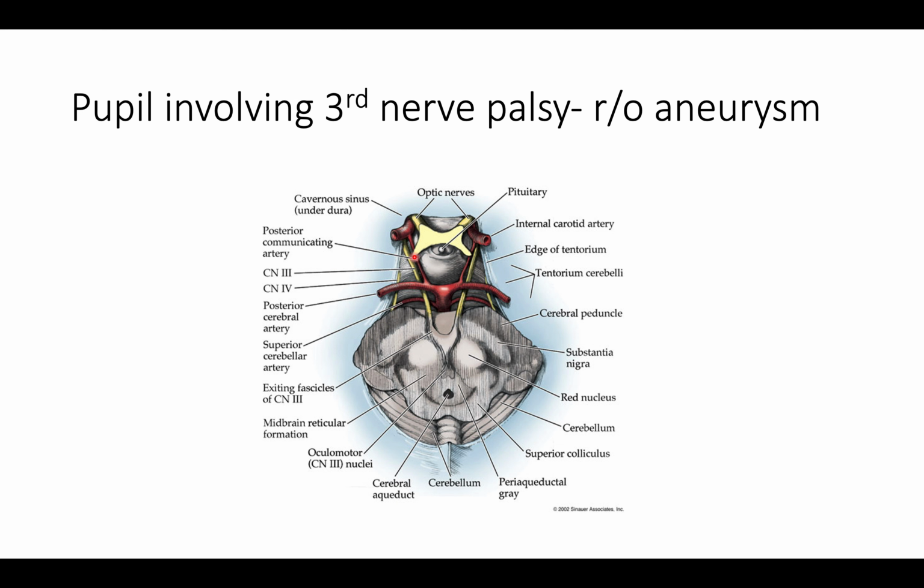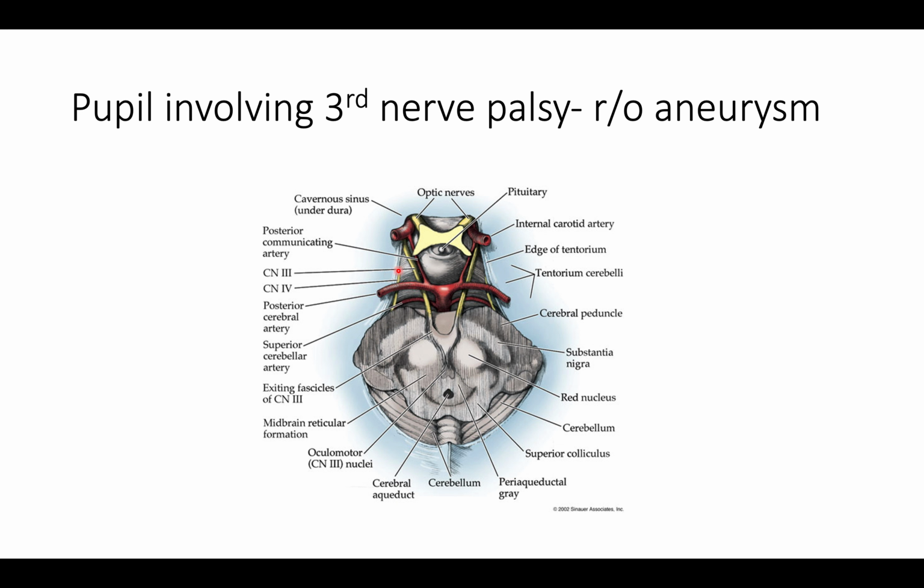So cranial nerve number 3 palsy, when the cause of the lesion is, for example, hypertension or diabetes, the lesion is from inside.